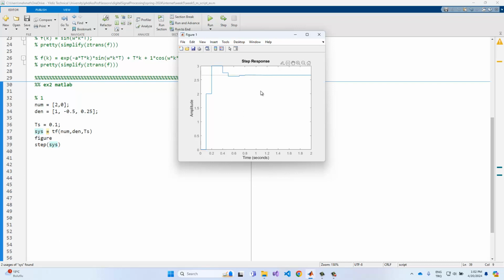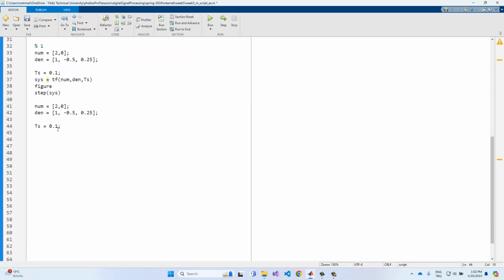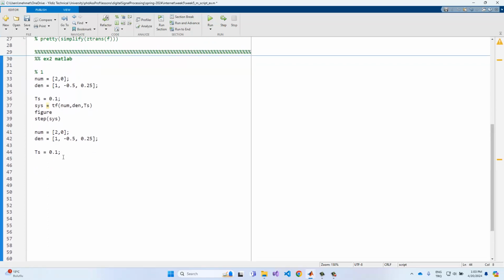Okay, these are the results, and so we can easily analyze this signal based on this information, or we can define another function based on a different sampling period, because the sampling period is the most important thing in the discrete time domain, because if we have any continuous time signal, we can use different values of the sampling rate. Okay, and so if we use a different sampling rate, then we can define a different function or different response based on this sampling ratio.